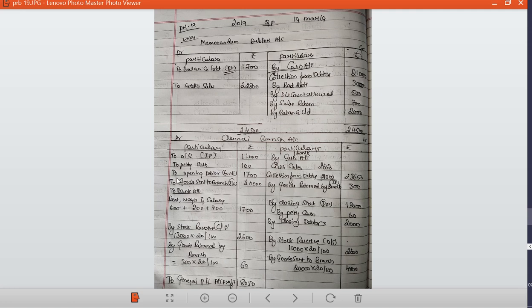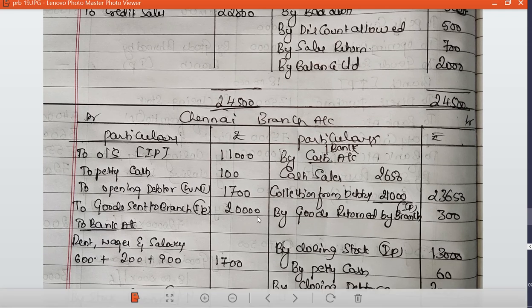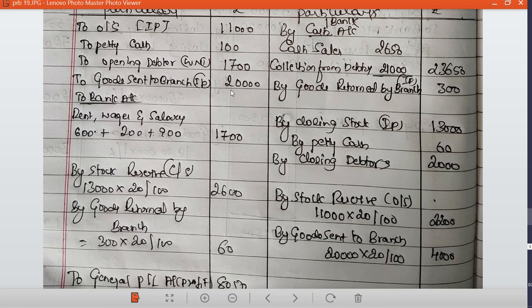Next, prepare the Chennai branch account. Opening stock at invoice price 11,000, petty cash 100, opening debtors which we calculated in working note number 1, that is 1,700. Goods sent to branch at invoice price 20,000, and expenses, rent, wages, salary 600, 200 and 900, totally 1,700.